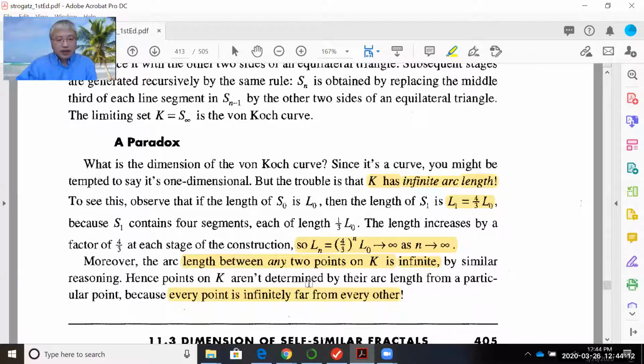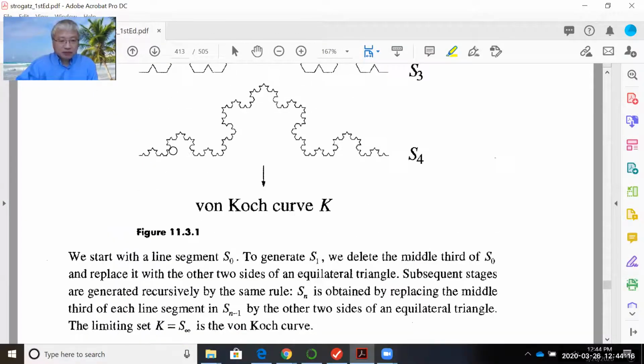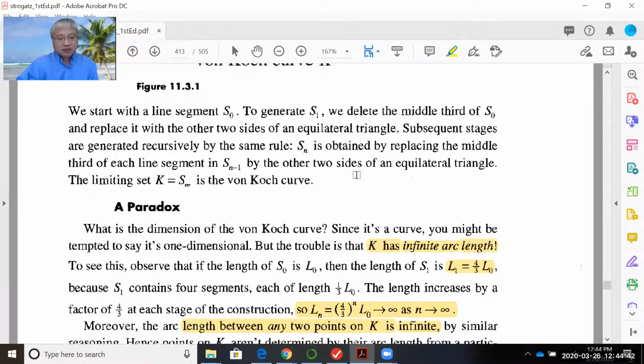So if you zoom in on every small bit of this curve, in fact, every small bit is of infinite length. And of course, if you take this segment and zoom out by a factor of 3, it will look exactly the same as the larger object. So this has exact self-similarity. If we take this part and zoom in, it will look exactly like this.